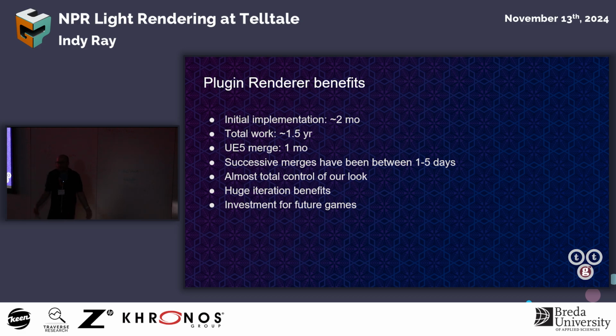With these times and investments, we get almost complete control of our look. It's really just been a huge win in iteration. On top of being able to do really easy shader replacements, we can reload our entire renderer. We have test passes that can re-render a bunch of scenes out of their frames. And we really see it as an investment in our future games and titles.